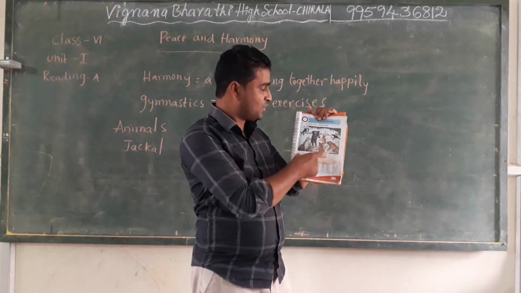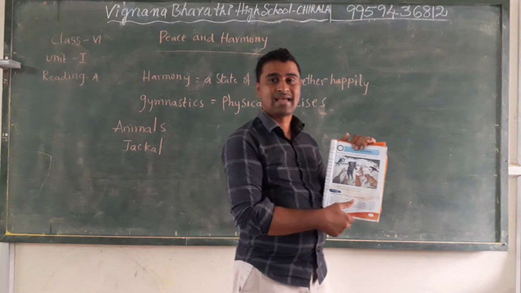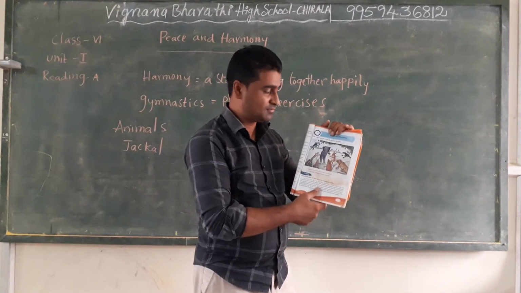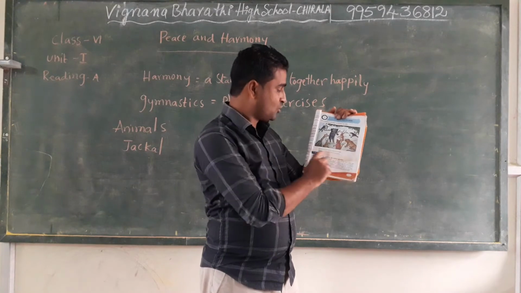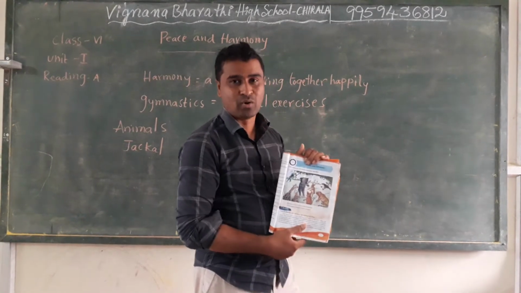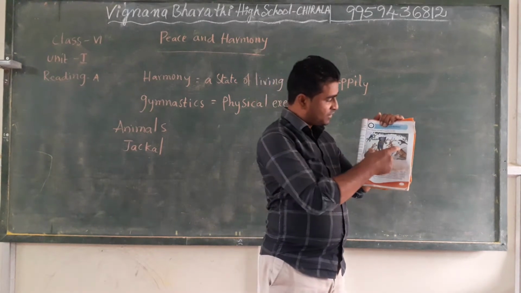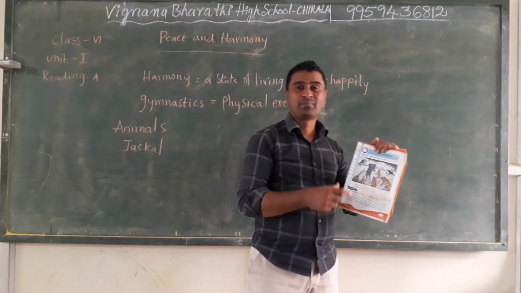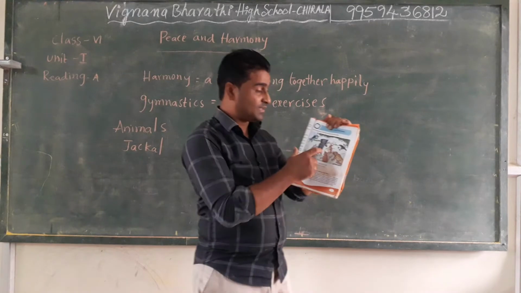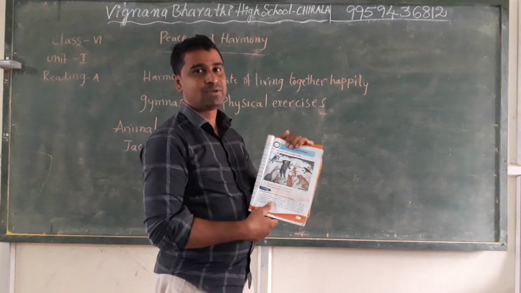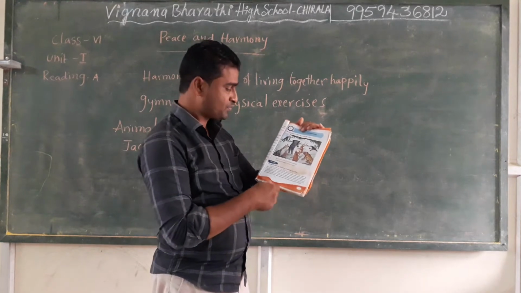If you observe, some animals are sad and some animals are angry and complaining to each other. So what does the picture tell us? If you observe keenly, the picture tells us that the animals are not happy.